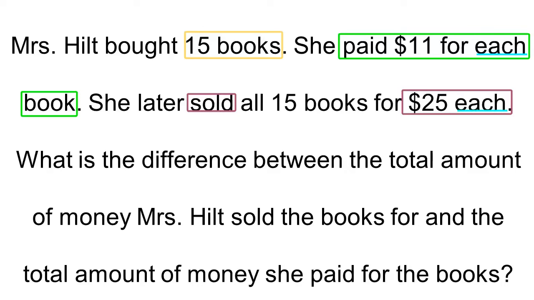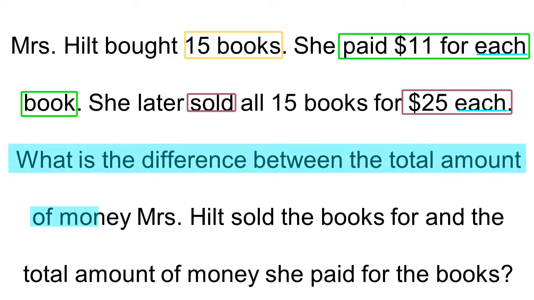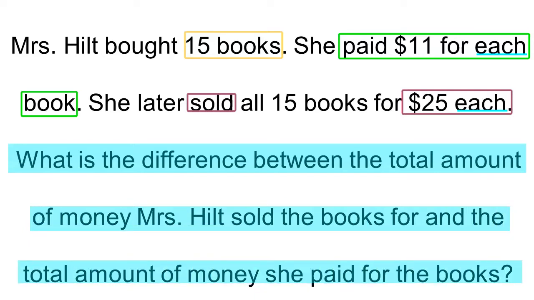So now we want to know, what is the difference between the total amount of money Mrs. Hilt sold the books for and the total amount of money she paid for the books? And that word difference is really important because we're trying to figure out those two amounts.